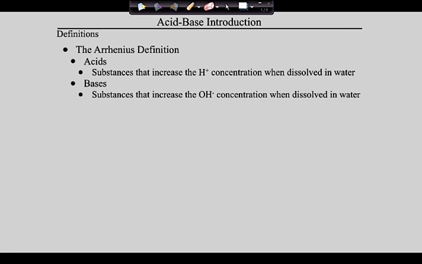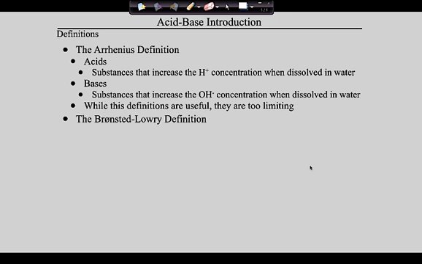Functionally, this is a good definition: yes, acids make hydrogen ion go up, yes, bases make hydroxide ion go up. But while this is functionally good, it's also too limiting. So we'll keep this in the back of our minds, but it is not the definition that's going to inform our understanding throughout the year. What we're going to use is the Bronsted-Lowry definition.